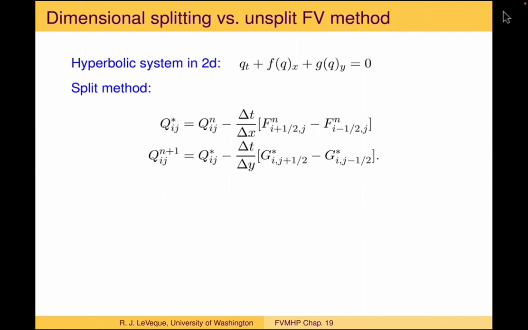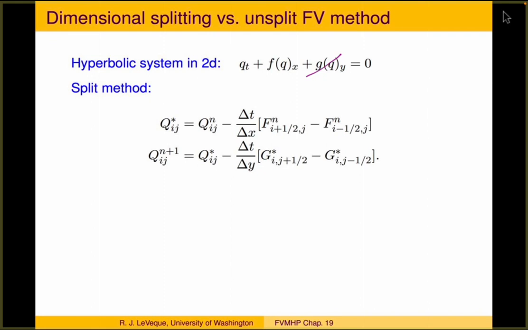So comparing this to the dimensional splitting that we talked about in the last lecture, remember one way of solving the multidimensional problem was to do dimensional splitting, where we start by ignoring the y derivatives altogether and just update from Qn with a flux differencing based on values at time n in the x direction, and that gives us some intermediate value Qij star.